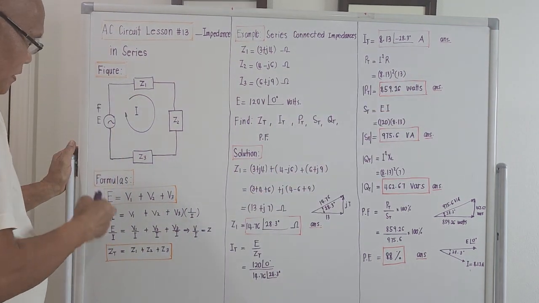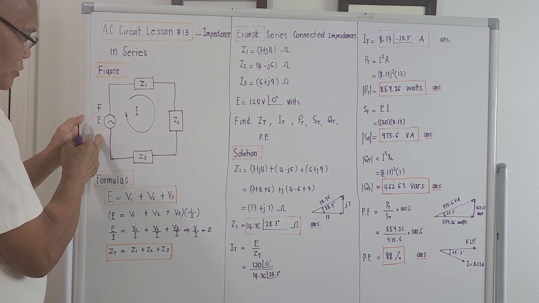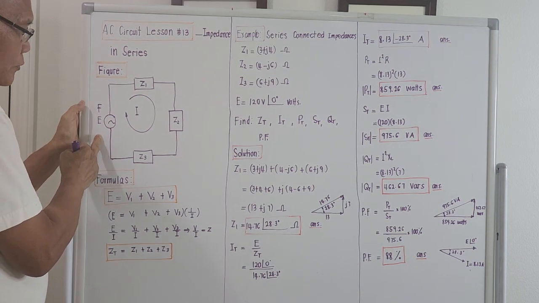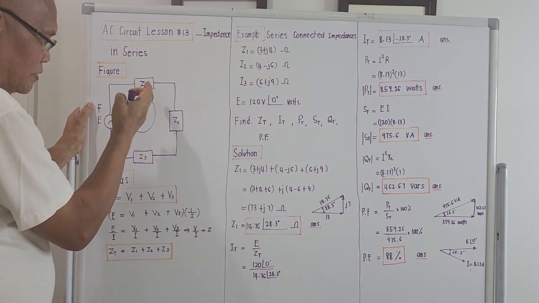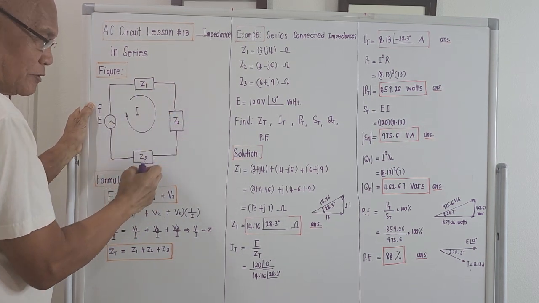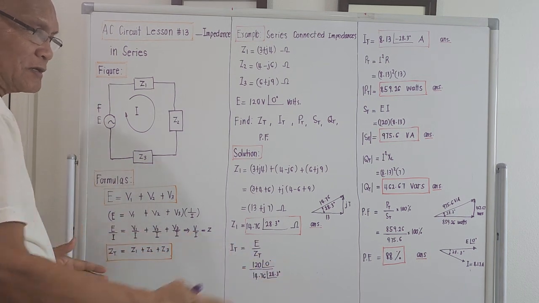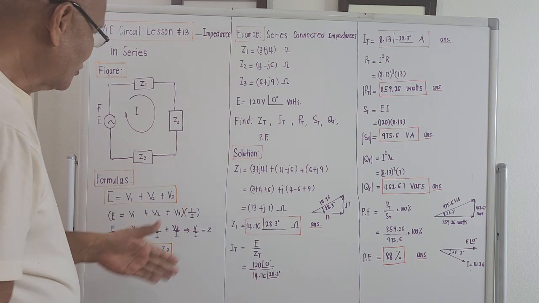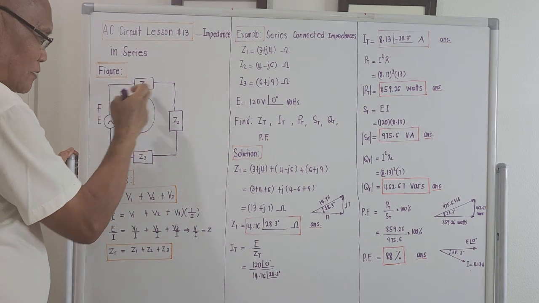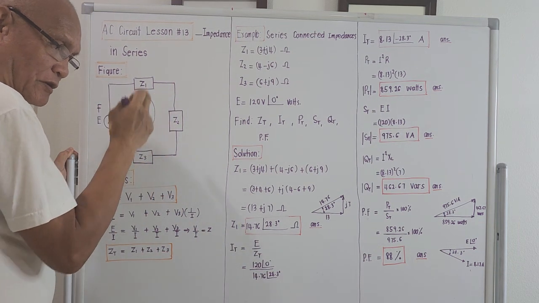We are given an alternating current source with the voltage E and frequency, and connected in series with it will be Z1, Z2, and Z3. It depends on how many impedances are connected in series. But for this illustration, we are given 3 impedances in series.